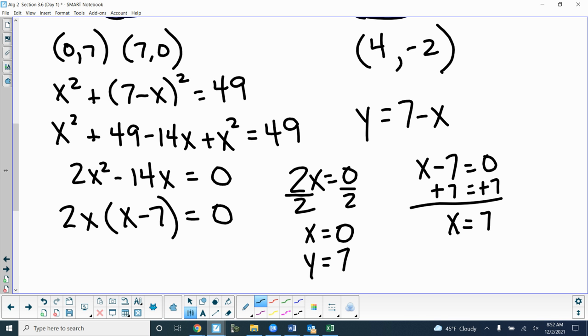When I put 7 in for x, what's 7 minus 7? Nothing. So that's our two answers. So again, that line will go through that circle, so it'll hit it in two spots. Those 2 points, it intersects the circle. Anything else on that homework?